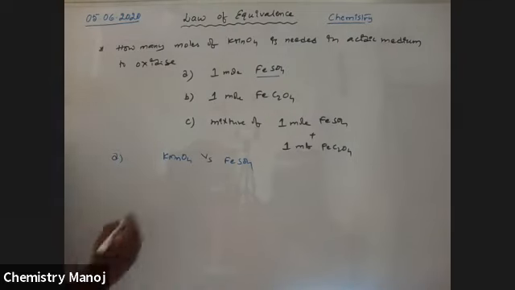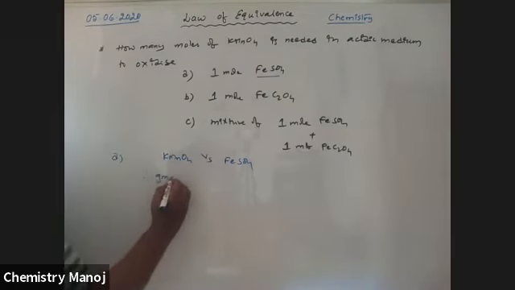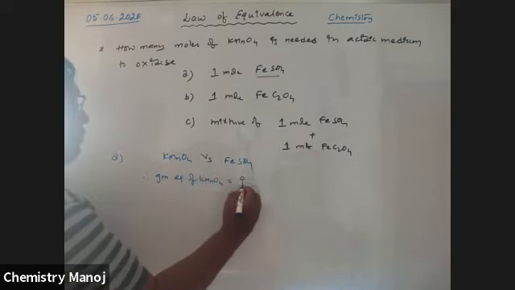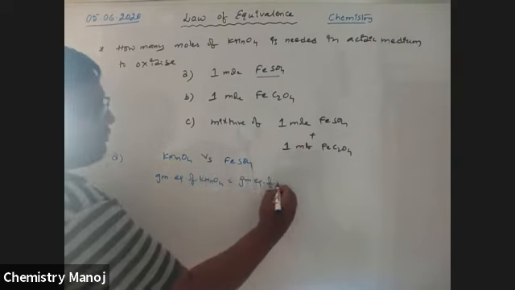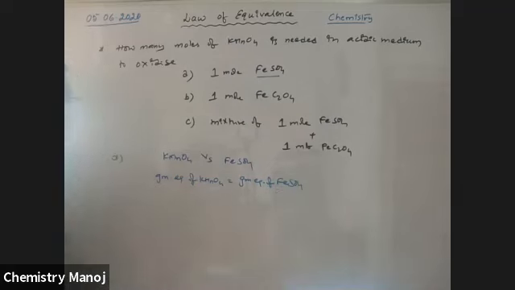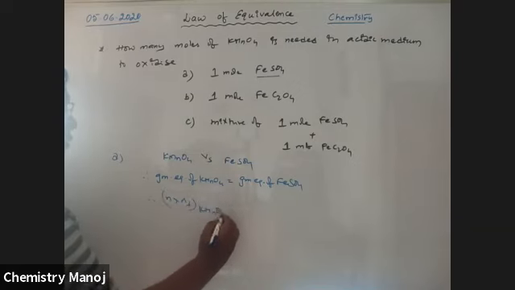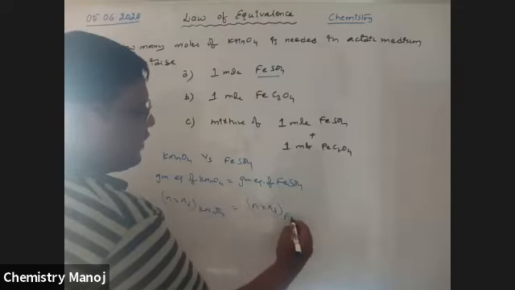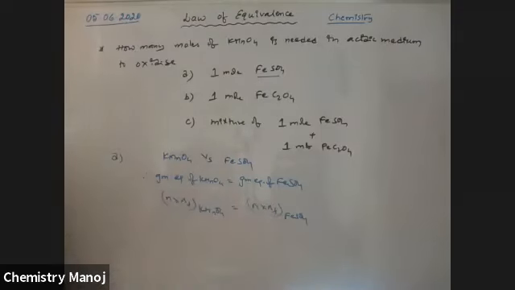That means, therefore, gram equivalence of KMnO4 is equal to gram equivalence of FeSO4. Therefore, N into N factor of KMnO4 is equal to N into N factor of FeSO4.